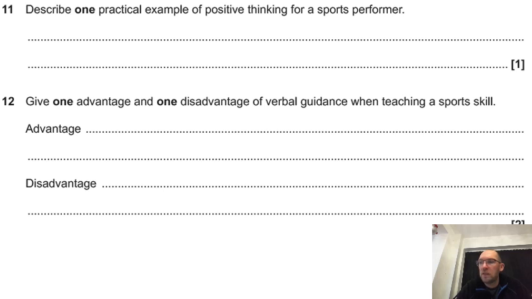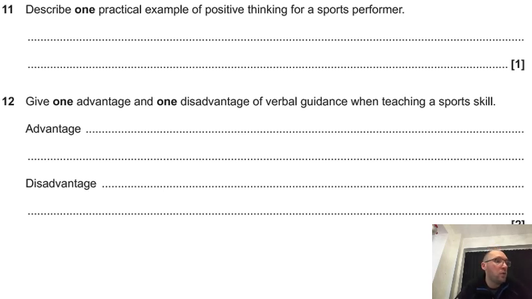Right, number 11. Describe 1 practical example of positive thinking for a sport performer. Those who did not score the marks here simply did not use a practical example. We asked for a practical example, people did not put one. You have to read the question carefully.